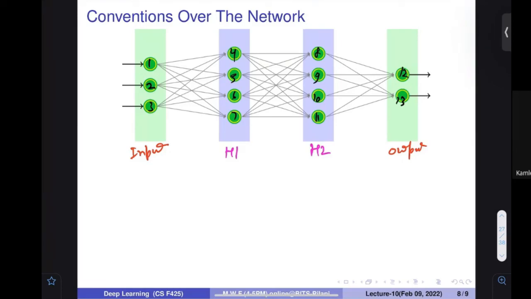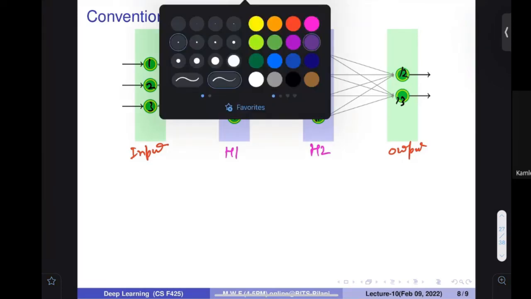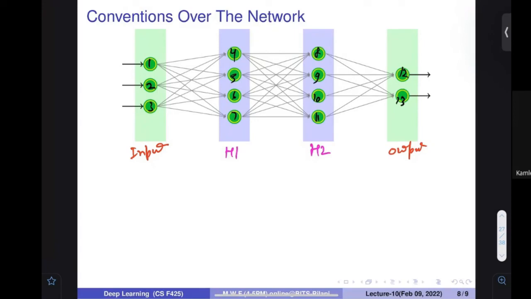So you know that there are some inputs also. If I just focus on this ninth neuron, how many inputs does it have? Coming from 4, 5, 6, and 7. So they are talked about as the first input, the second input, the third input, and the fourth input.